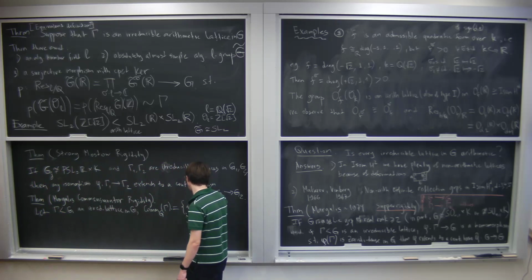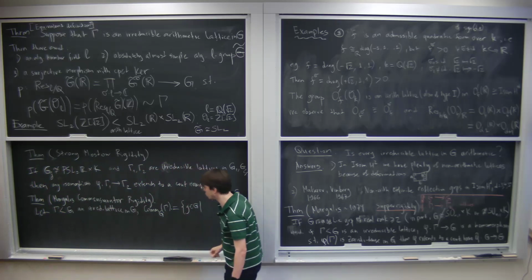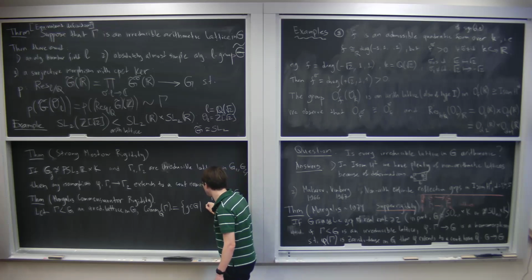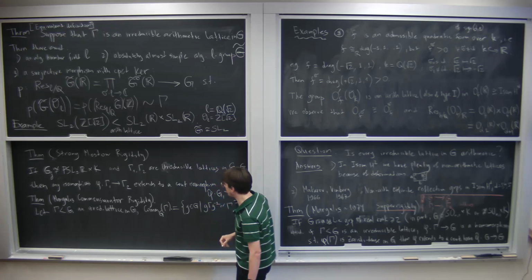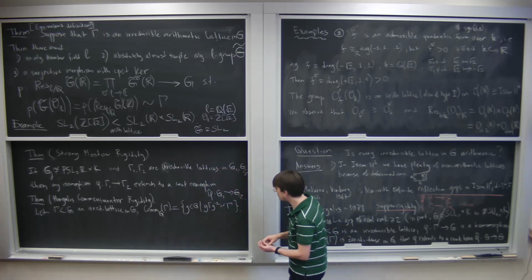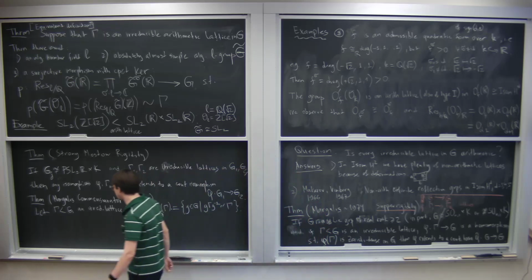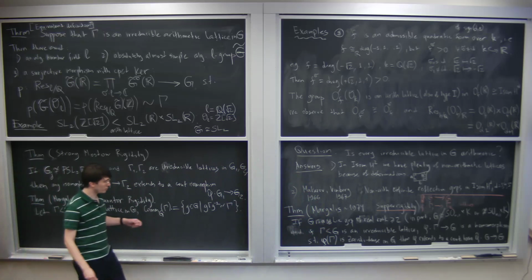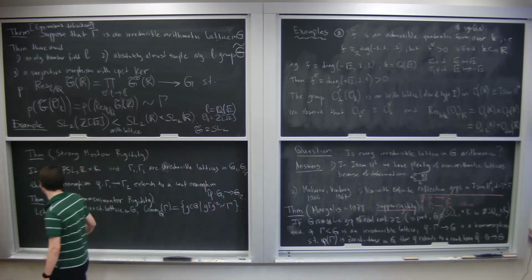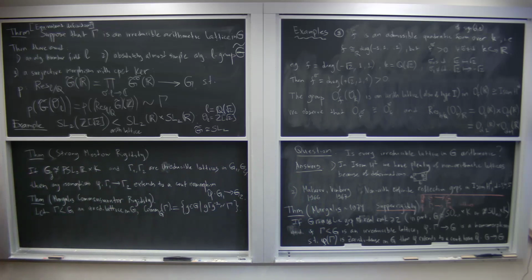It is the group of elements g in G such that g gamma g inverse is commensurable with gamma. Here I definitely mean commensurable in the standard sense. Then the following dichotomy holds.